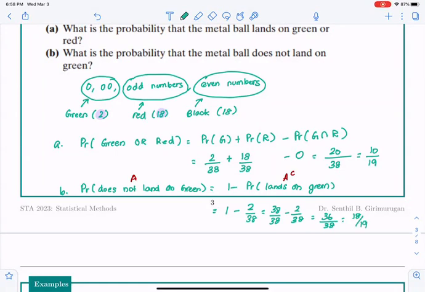So you can either use the complementary rule, or you could directly look at the diagram that we drew and pick out, well, if it's not going to be green, it has to be red or black. So how many would favor red? 18. How many favor black? 18. In total, 36 out of 38. So either way would work, but I just wanted to do this problem using the complementary rule.